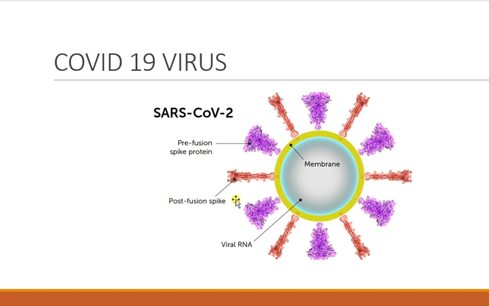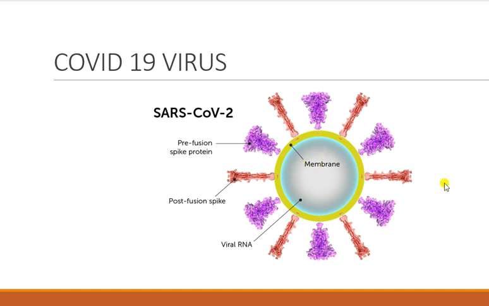Then the post-fusion spike protein helps the virus to fuse inside the host cell and multiply inside the cell. Once it is fused, all this will be discarded, and we will only have the viral RNA that will be inserted inside the cell.